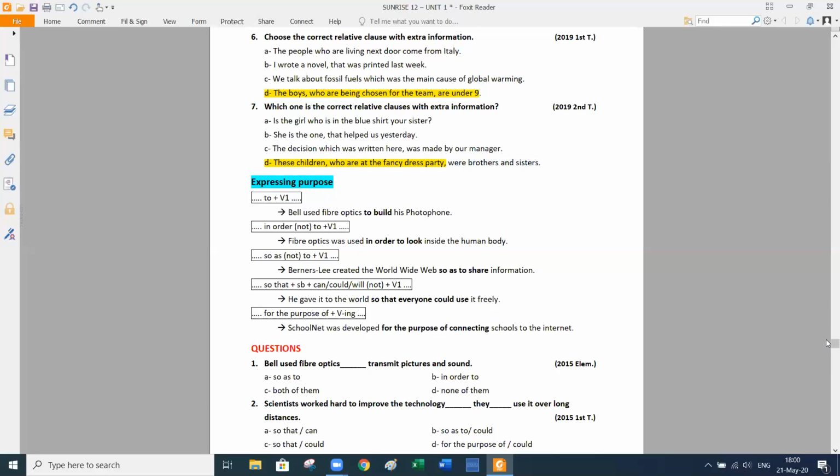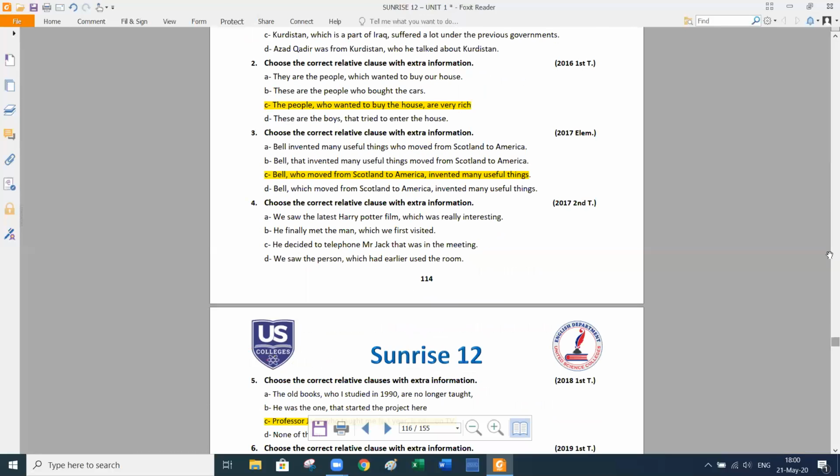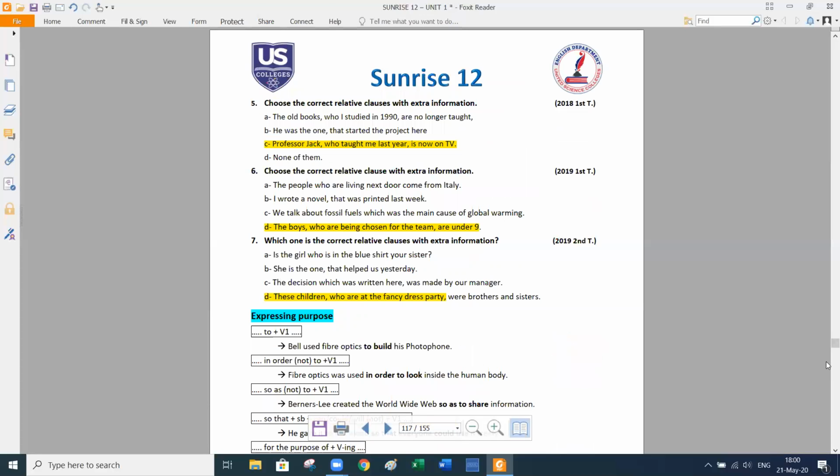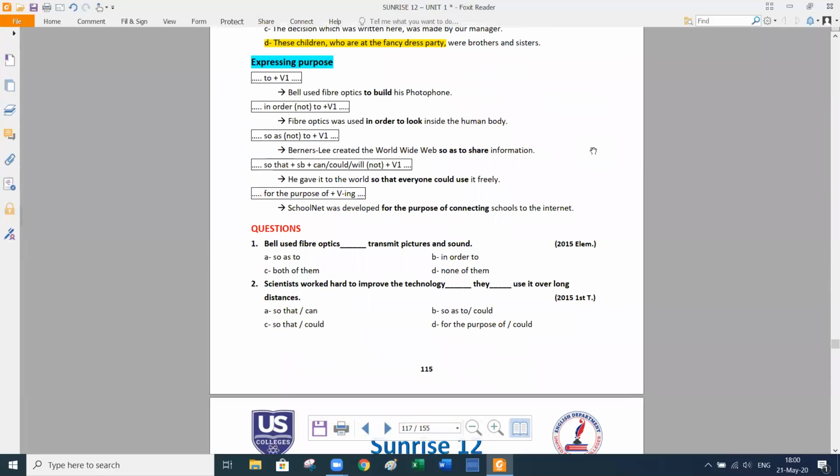Okay, now the next grammar part is expressing purpose. According to what we have in the Sunrise 12th book, we have 5 structures that we use to express purpose.